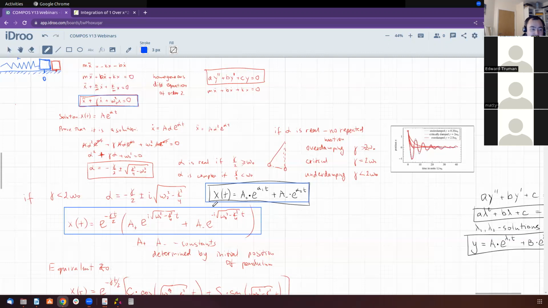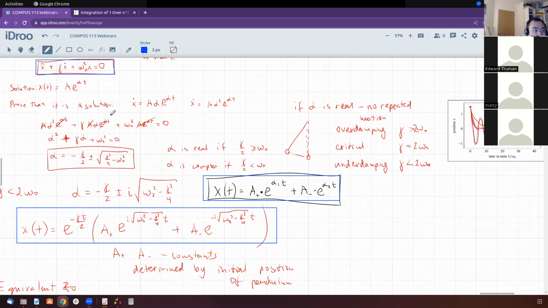Now, alpha 1 is minus gamma over 2 plus i square root of omega 0 squared minus gamma squared over 4. It's just the solution of this quadratic equation.